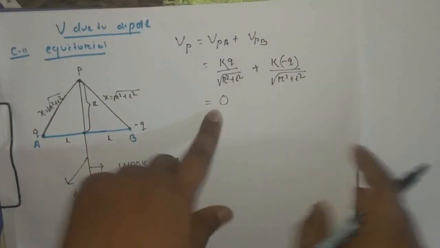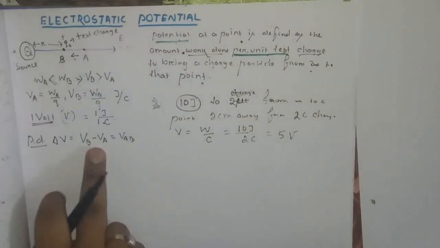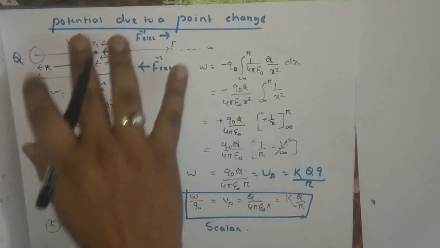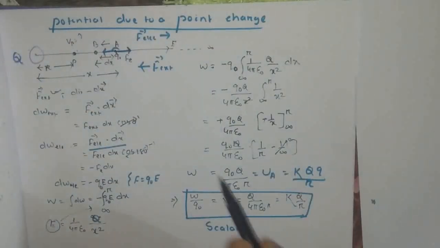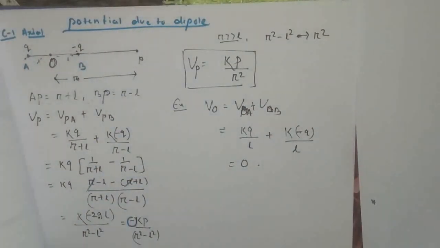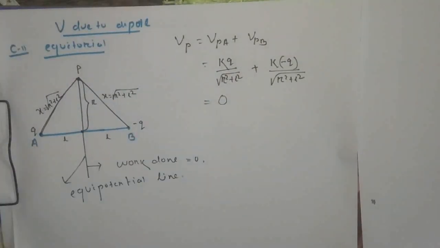Due to the equatorial case, we got 0. Obviously we are getting 0. Now electric potential, this is the concept we used today. Potential due to a point charge is nothing but Kq by r, or 1 by 4 pi epsilon naught times q by r. This is for the axial case derivation and equatorial case derivation.